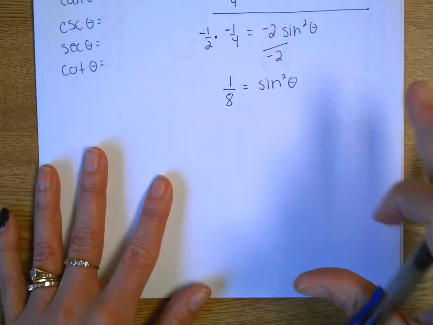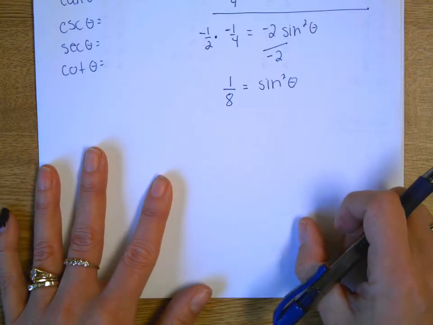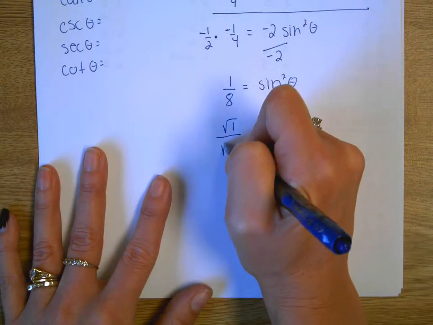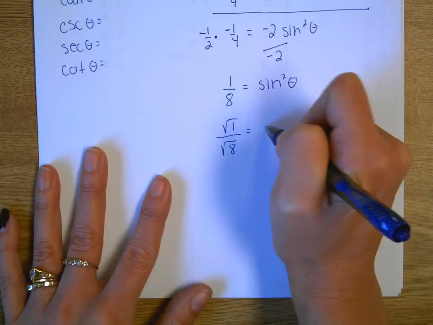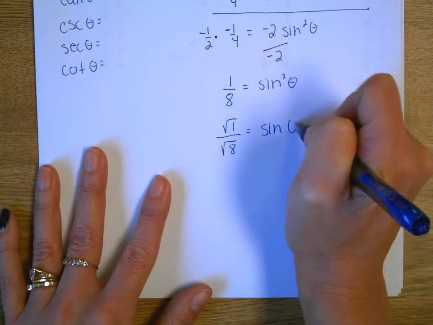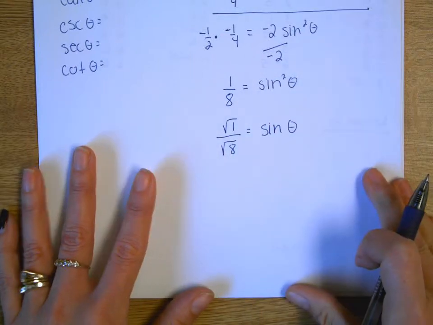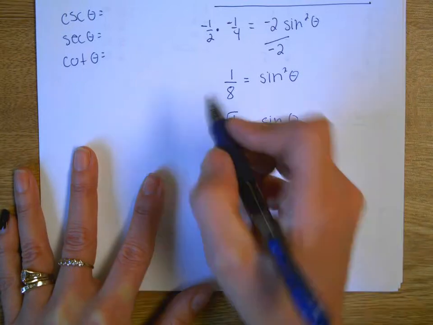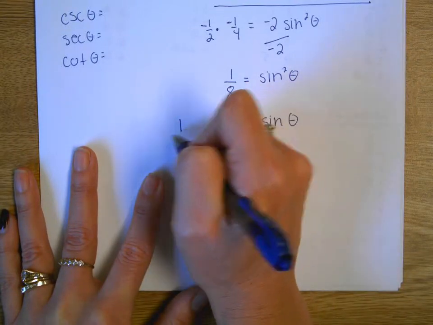Square root. Top and bottom separate. So if I take the square root of 1 and the square root of 8, I will have sine theta equals... Okay, what is the square root of 1? 1.